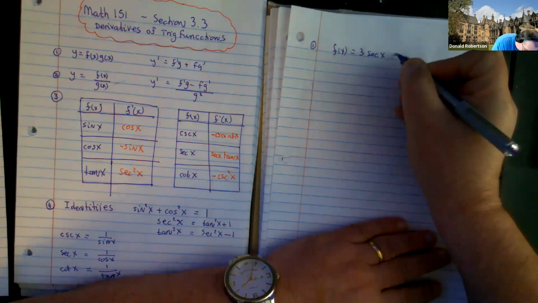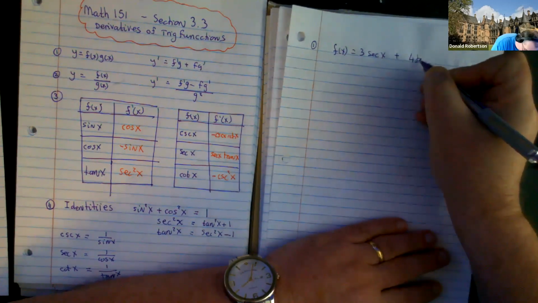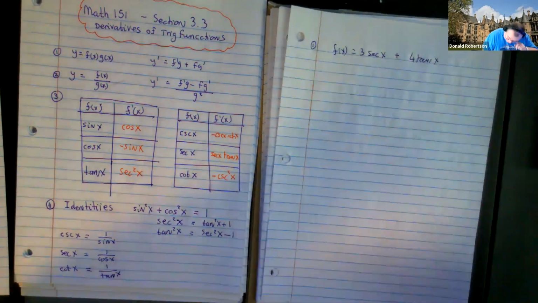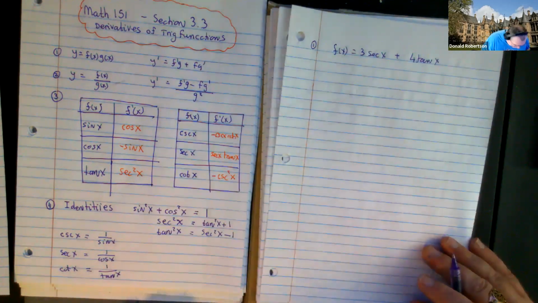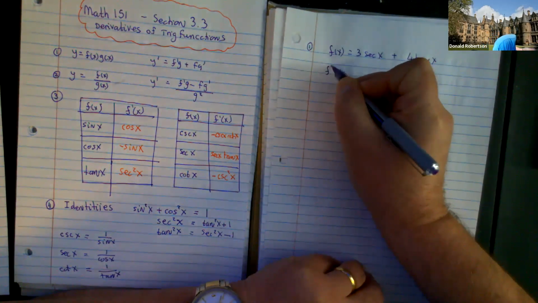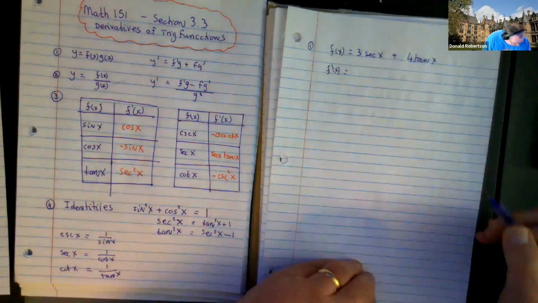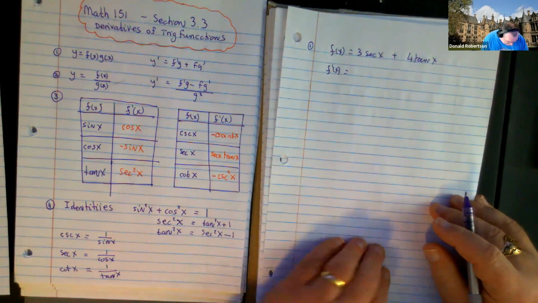3 secant x plus 4 tan x. That would be an example of just differentiating a function with combinations of trig on them. Well, it's basically a plug and chug kind of operation.